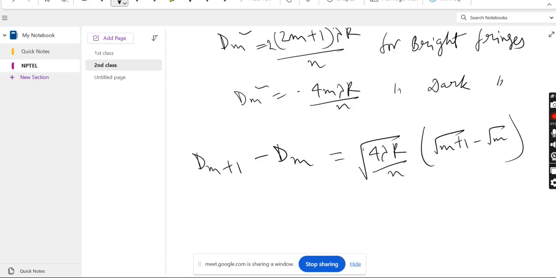Actually, in Newton's ring experiment, you need to put a cross X at one of the fringes, take the reading, and then go on to the next fringes. That's how you take the reading, and after you complete the experiment, you calculate all these things.